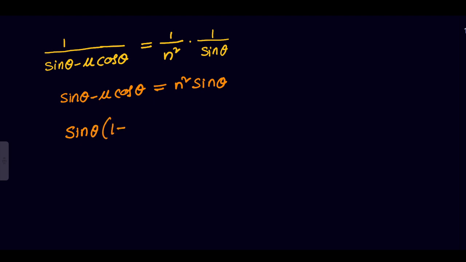Then that is 1 minus n square equal to mu cos theta. So we need to get the mu value. Mu is equal to 1 minus n square into tan theta. Check it.